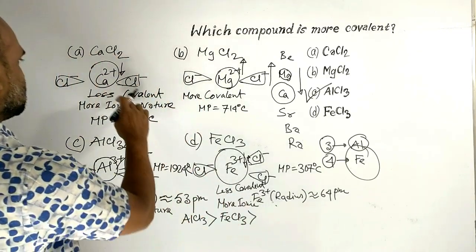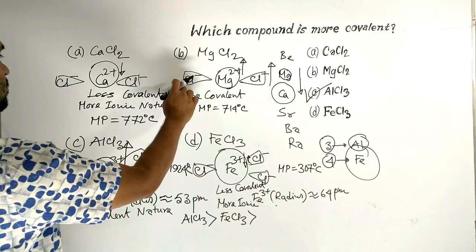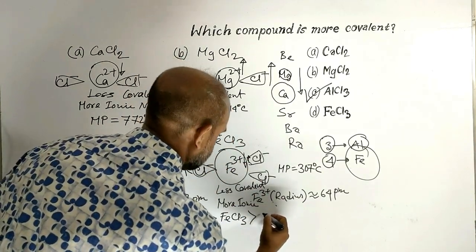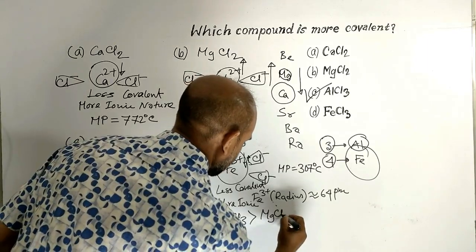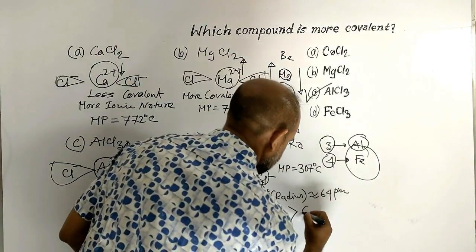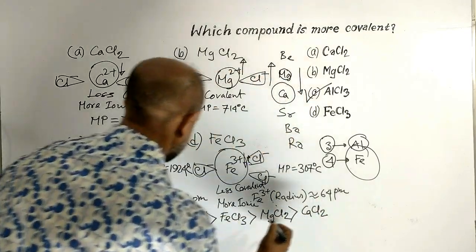After that, from these two, which one is more covalent? This one, that is magnesium chloride. And finally, this one, calcium chloride.